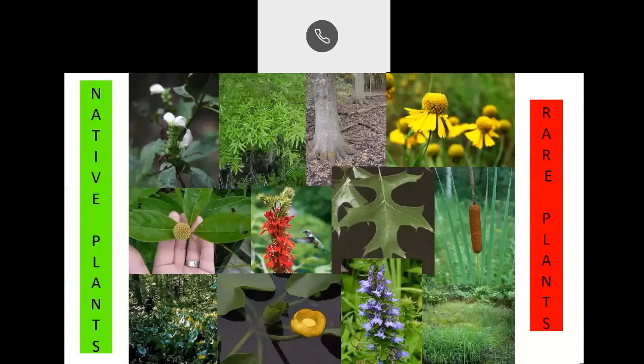Speaking of plants, these environments are very important places for native plants, and particularly for highly specialized and even rare plant species. Here are some of the more common things. If we can go to the next slide, please.